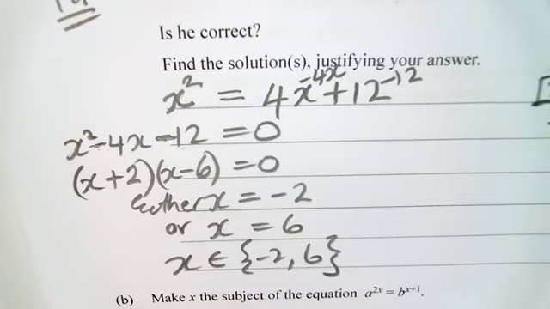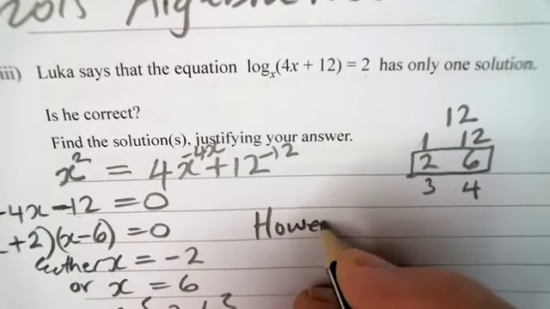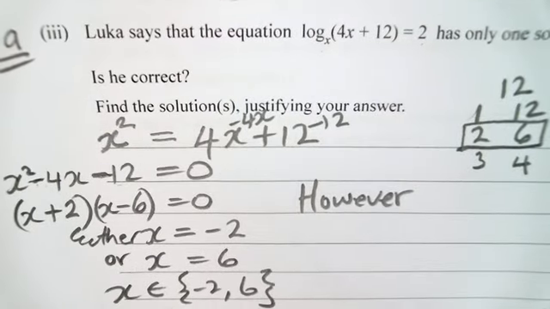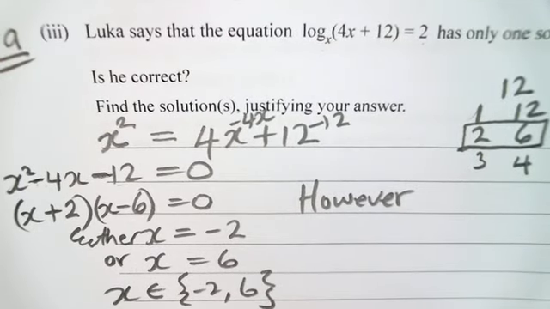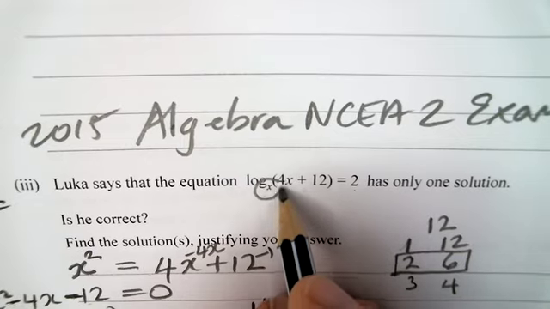But we should qualify that by saying however, or but. What we've got here is a base. We're finding the base.